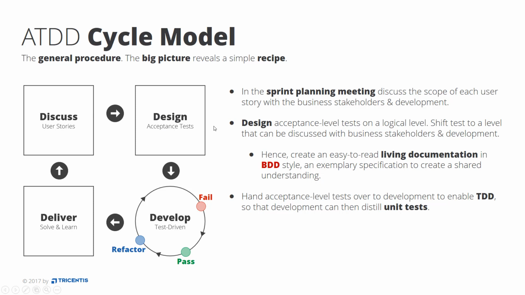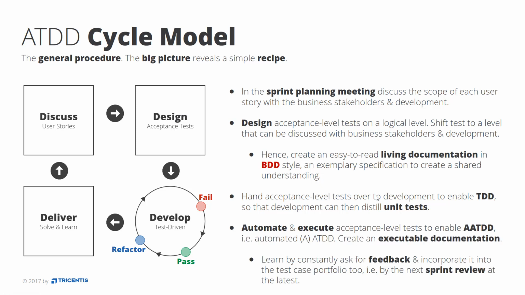So hand the acceptance level tests over to enable the test-driven development, so the development can still do the unit tests and distill from it. So it's really between acceptance tests, so the functional tests, and the unit tests.